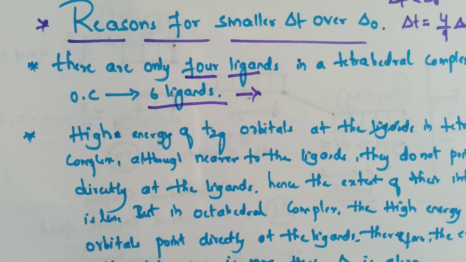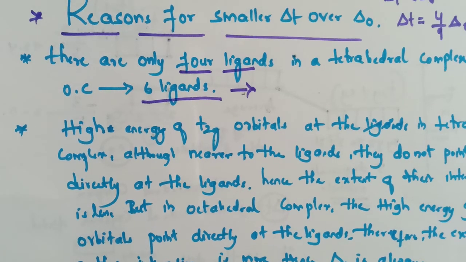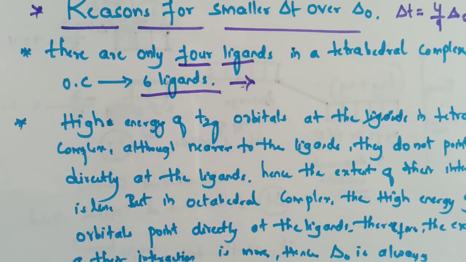Automatically when the ligands are less, the energy will also decrease. So tetrahedral complexes energy is also less when compared to octahedral complexes energy.